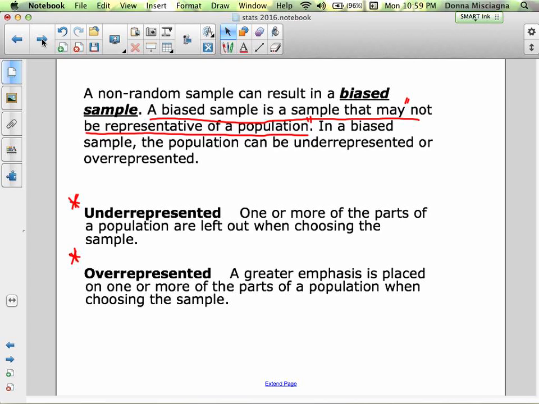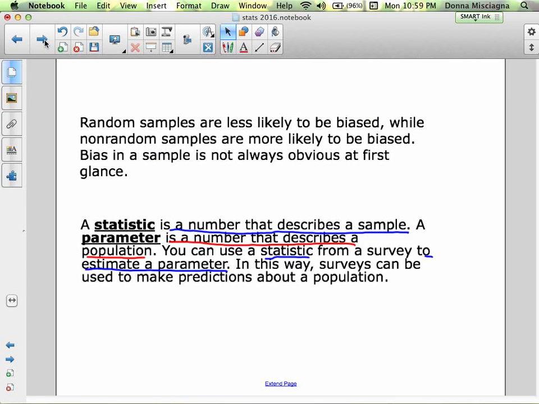You want your sample to reflect the population. So if your population is 25% seniors, for instance, you want your sample to be 25% seniors. Random samples are less likely to be biased, while non-random samples are more likely to be biased. Bias in a sample is not always obvious at first glance. In your notes, I want you to write in these two vocabulary words. I have parameter listed, and next to it, I want you to write in a number that describes a population.